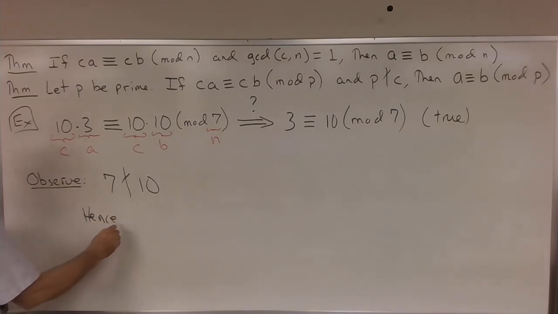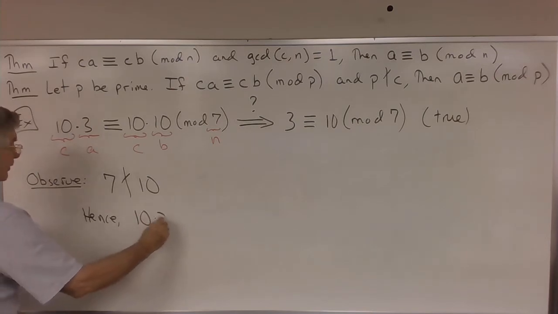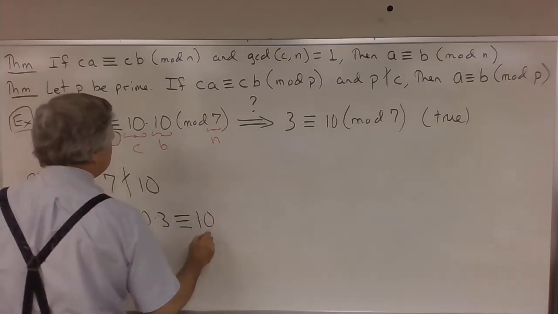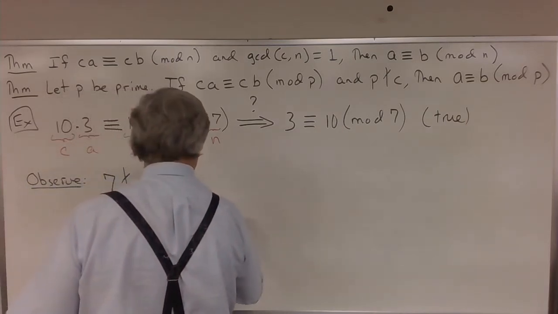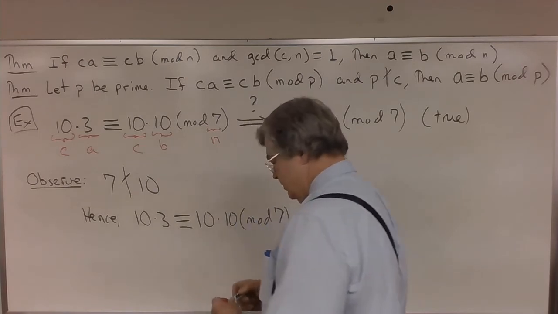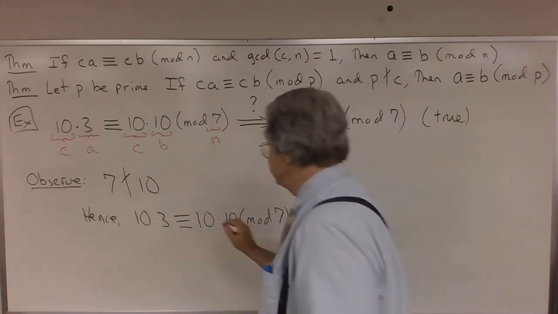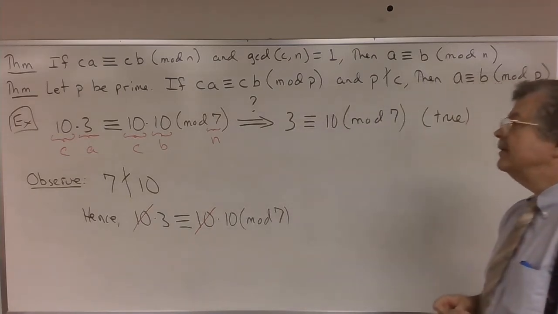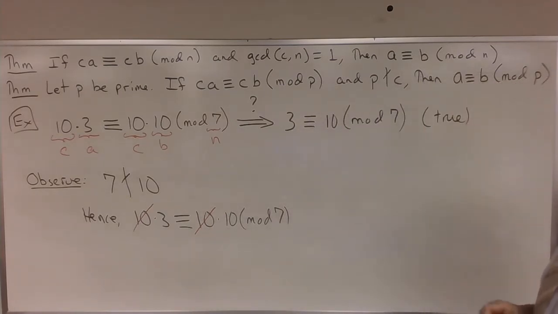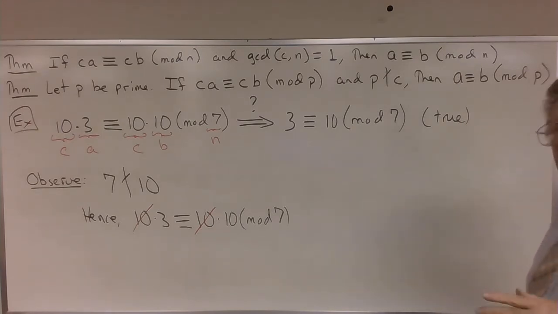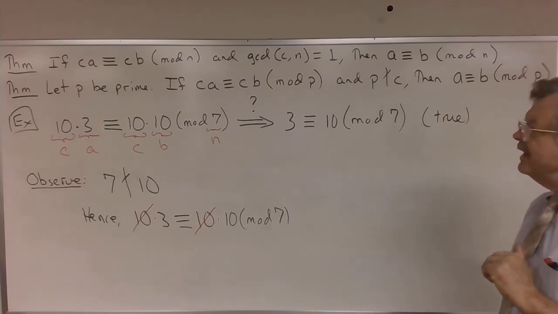And that gives us the right to cancel the common factor from both sides. Okay, let's look at some more examples.